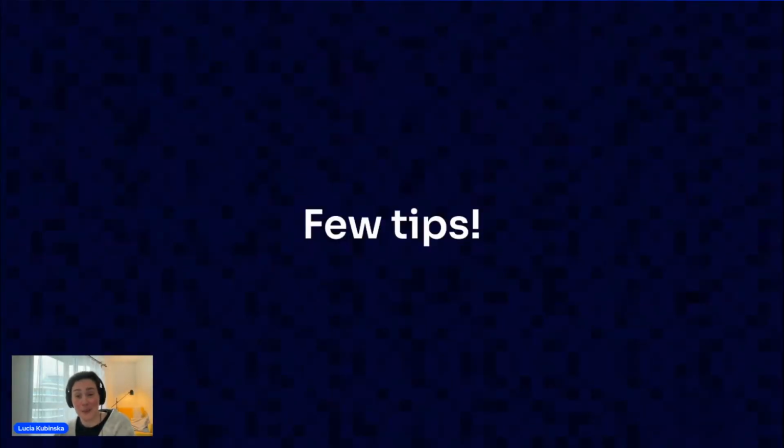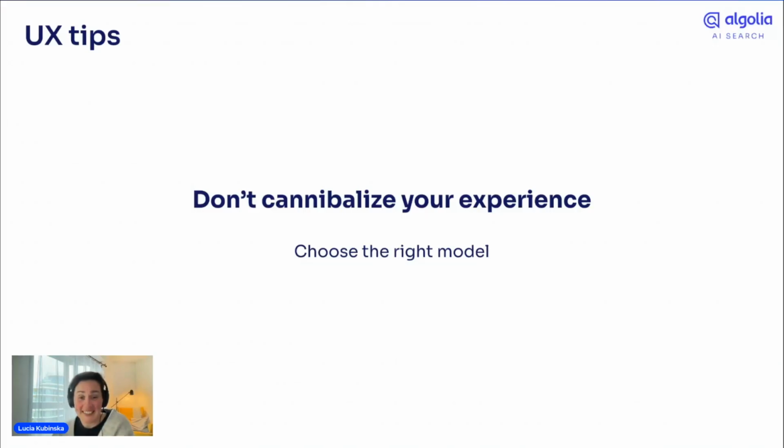Now I have a few tips for you when implementing recommendations. Don't cannibalize your experience with recommendations. They can sometimes hurt the overall experience. Yes, you might see metric upticks in individual carousels, but maybe the page conversions dropped. Example, placing alternative products in the checkout phase of a user journey.